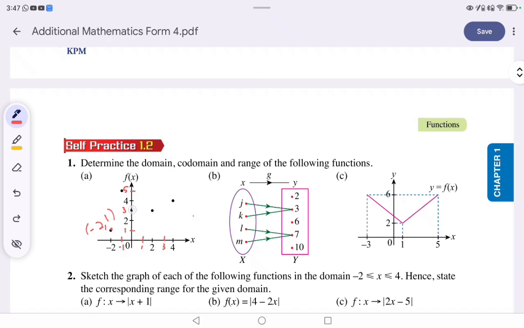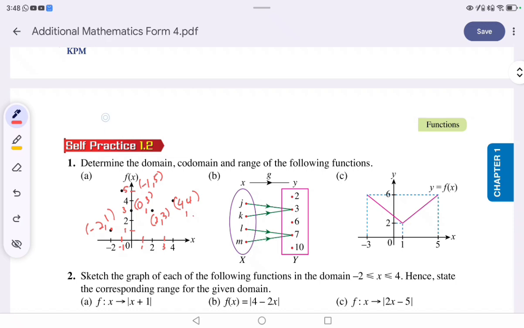What is the coordinate for this point? 0, 3. Here 2, 3. Here 4, 4. And the last one is -1, 5. Now we already have all the coordinates.